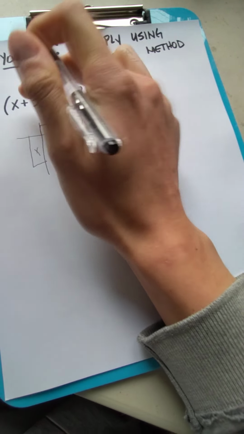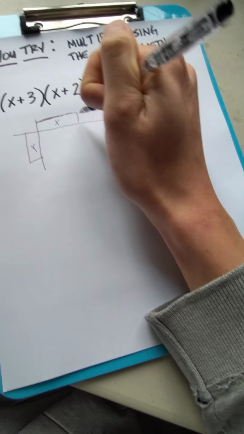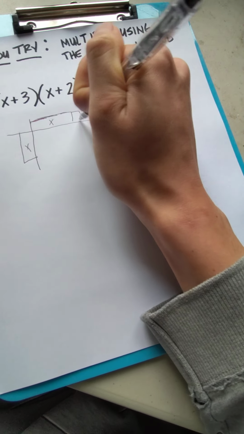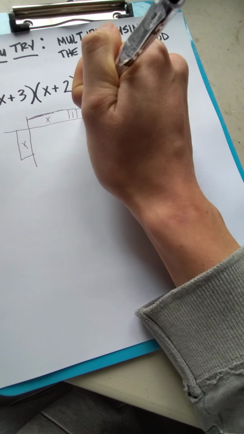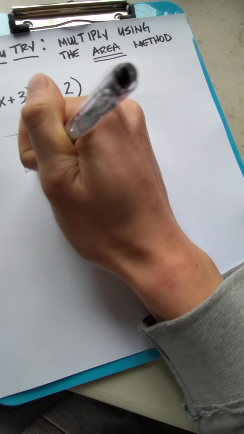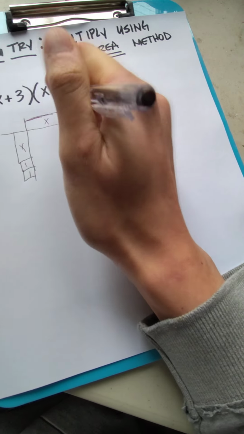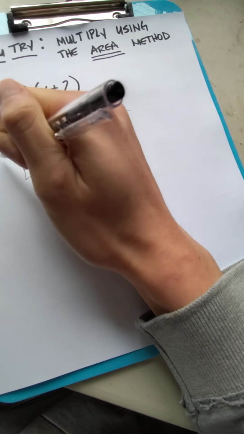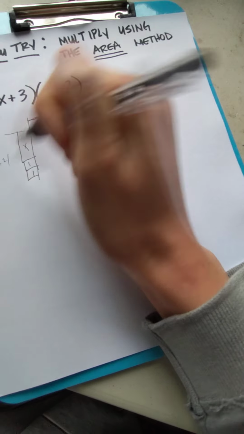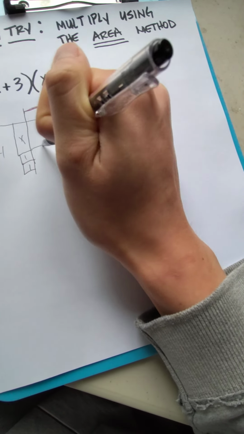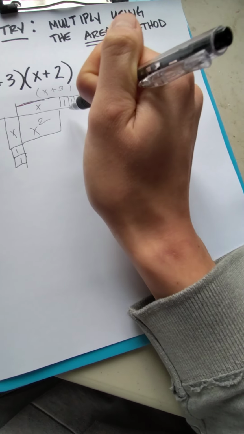We're going to use x plus 3 on this side, so it's 1, 2, 3, and 1, 2. This is x plus 3, x plus 2. So then x times x is x squared.